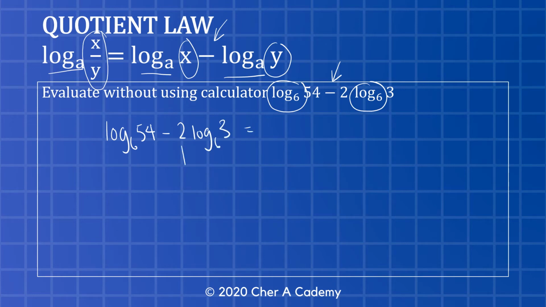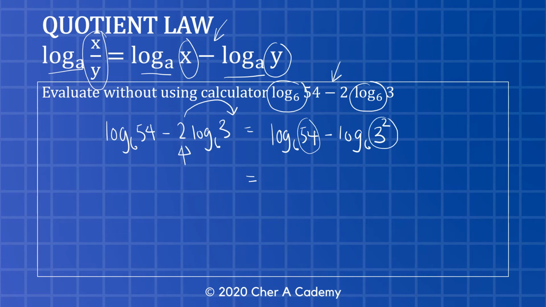My 2 is not behind my log, so I am going to use the power law and put it as a power. So log base 6 54 minus log base 6 3, and my 2 becomes the power, so it becomes 3 squared. So now I have log base 6 54 minus log base 6 3 squared.